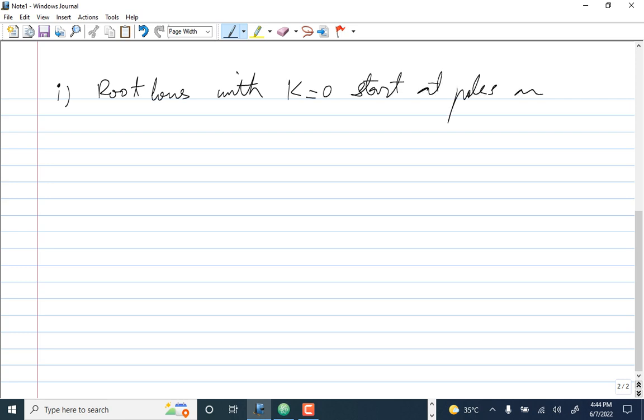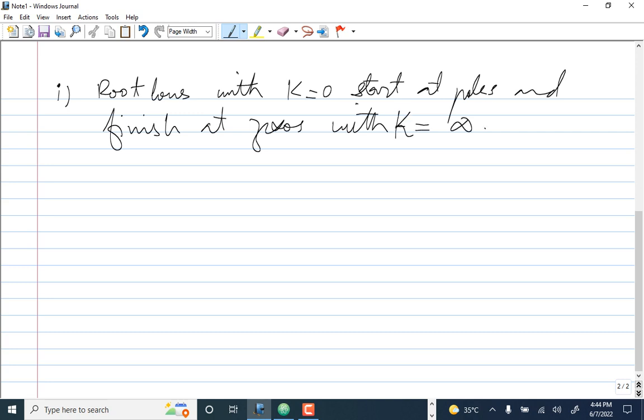Now the first point that you need to know is that root locus with K equal to 0 starts at poles and finishes at zeros with K equal to infinity.